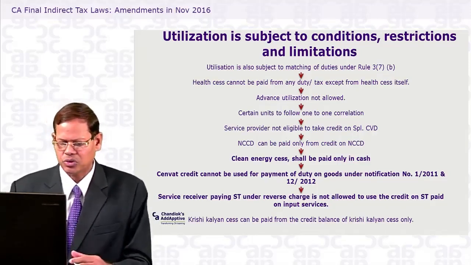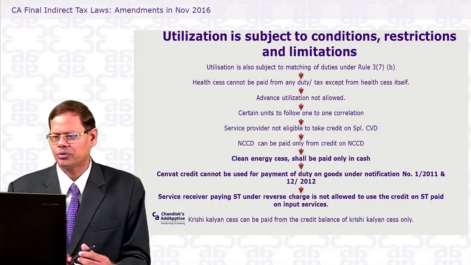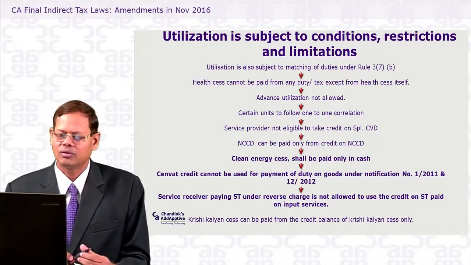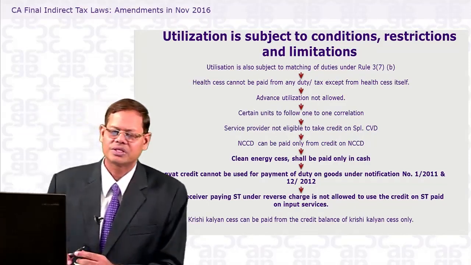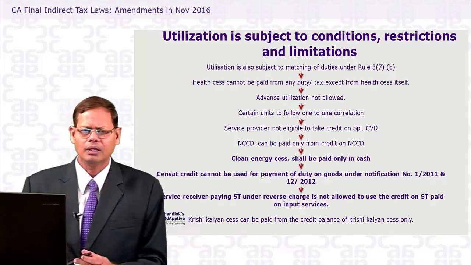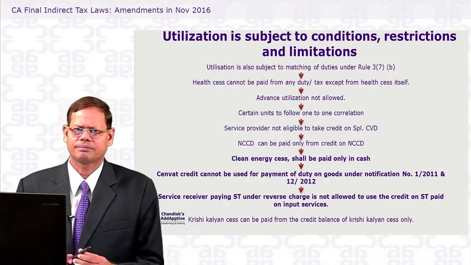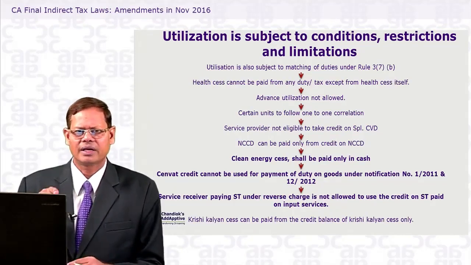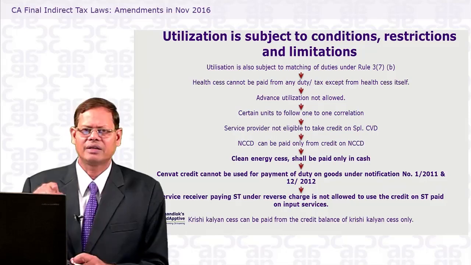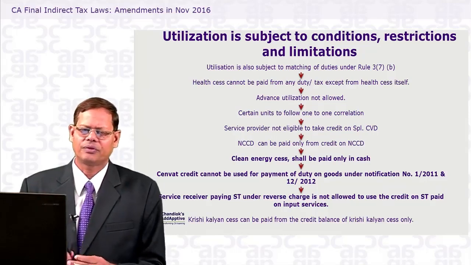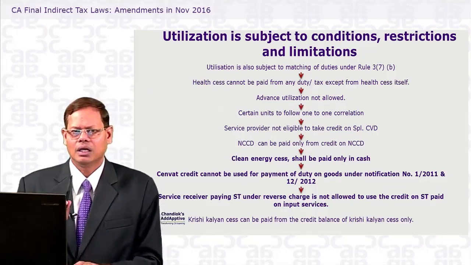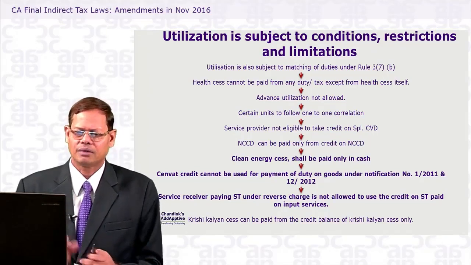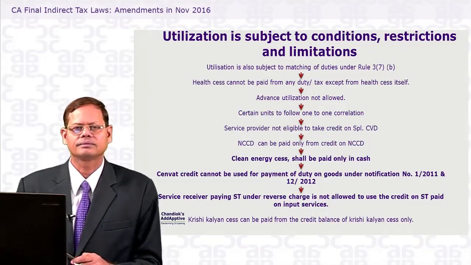CENVAT credit cannot be used for payment of duty on goods under notification 1/2011 and 12/2012. You know this because there are about 130 products on which 2% duty is payable. Still they are under the definition of exempted goods. If you refer to the definition in Rule 2D, you will find this. So these are exempted goods.